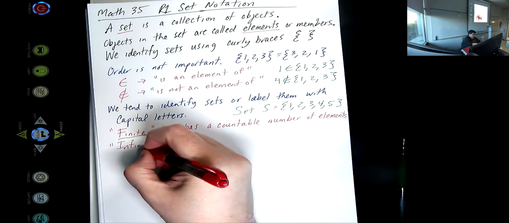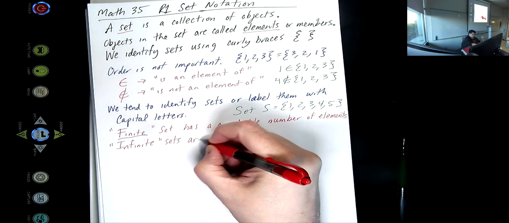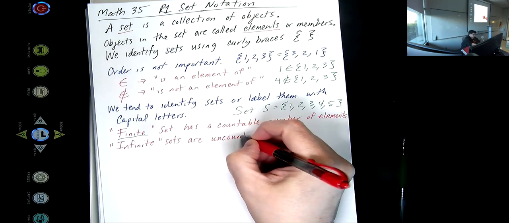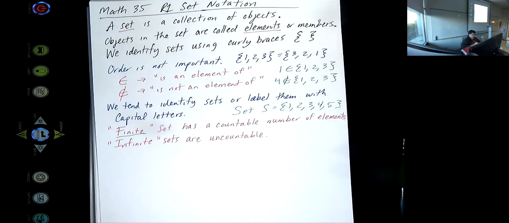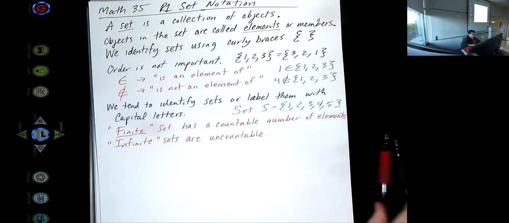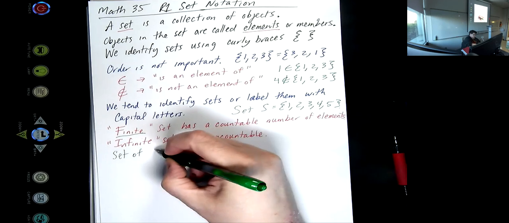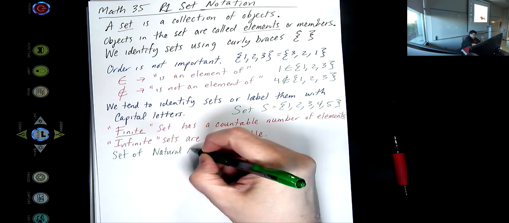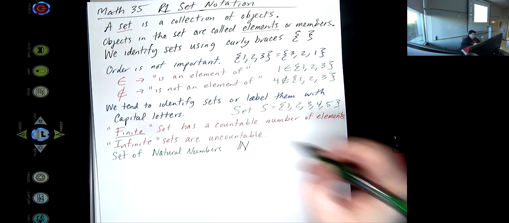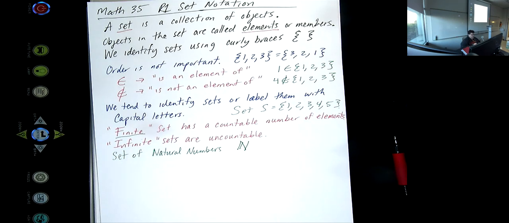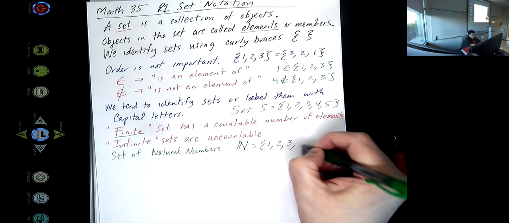Infinite sets are uncountable. For example, the set of natural numbers, they tend to identify with an N, and it's got a double bar for the first stroke, makes it pop. N starts with 1, goes to 2, goes to 3, and it keeps going.